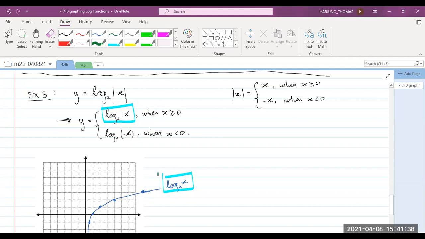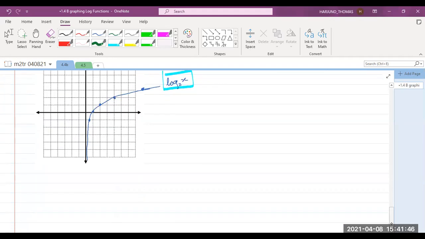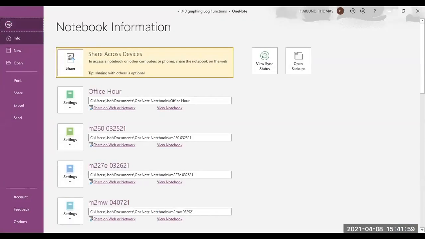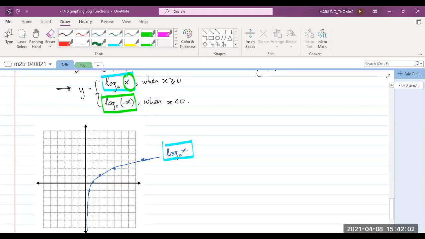How about log base 2 of negative x? Now that's just a reflection of log base 2 of x with respect to the y-axis. So to graph this part here, I replace this x by negative x, right? Replacing x by negative x basically reflects the whole graph with respect to the y-axis. So you can copy those important coordinates, reflect that with respect to the y-axis.